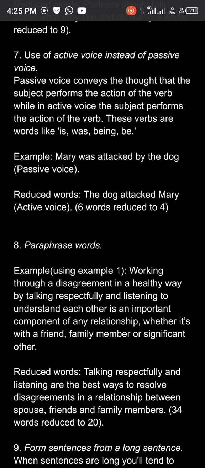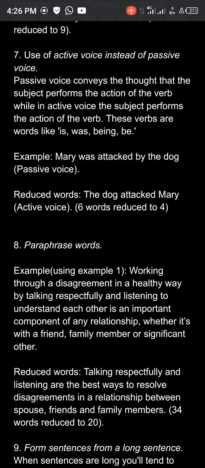Now look at the example: "Mary was attacked by the dog." The object in this sentence is the dog. So who is suffering from the action? It is Mary.